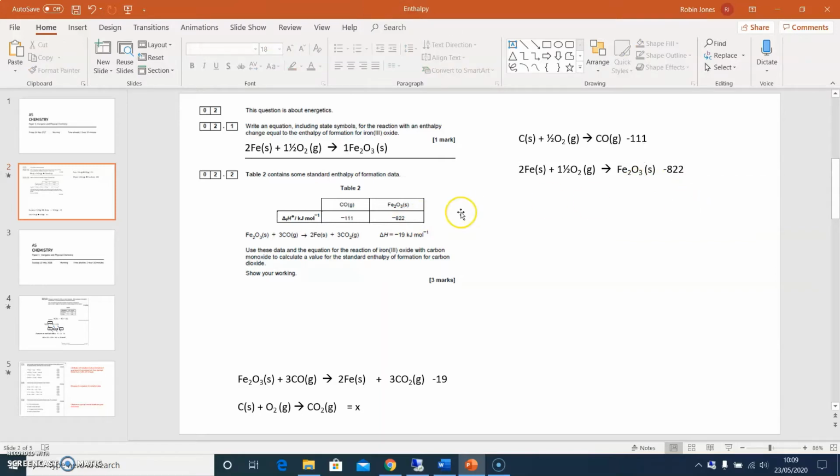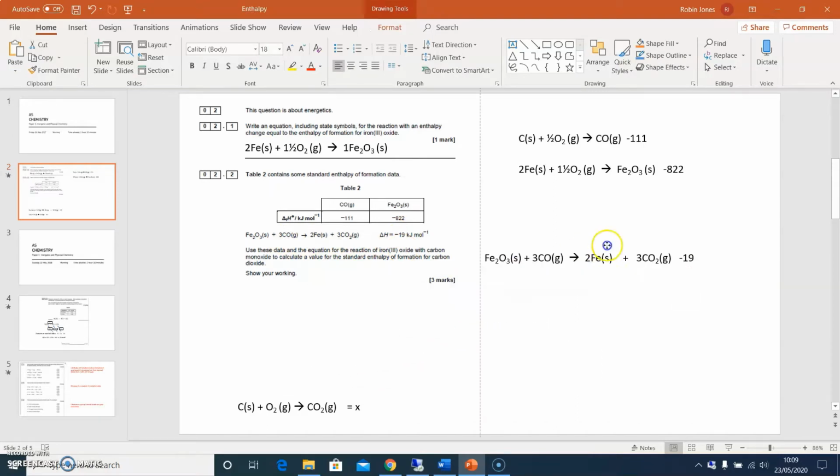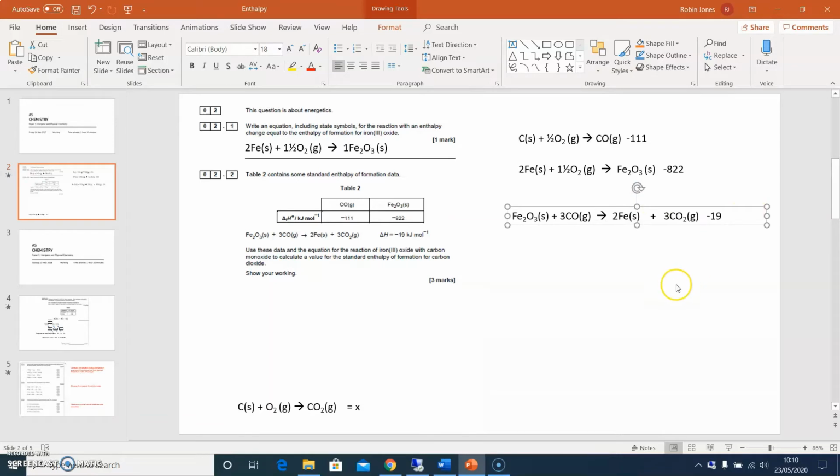Okay, we've got this big one here, -19. And we've got to find out the missing one, calculate the value for the standard enthalpy of formation of carbon dioxide.